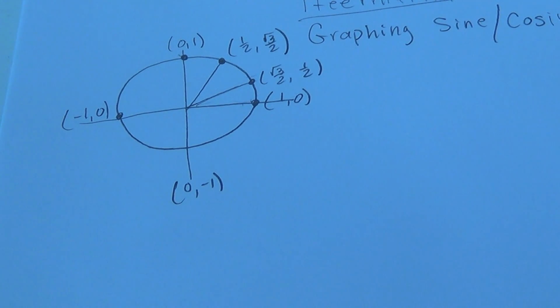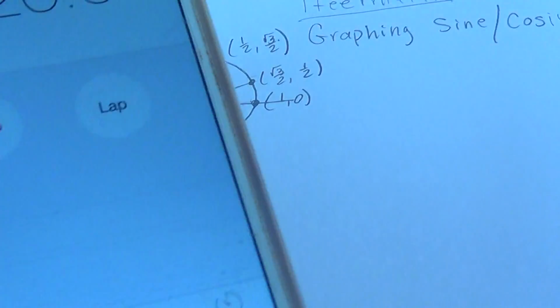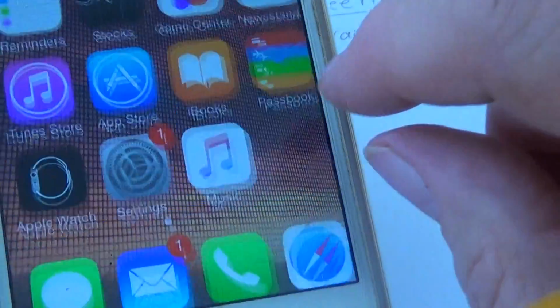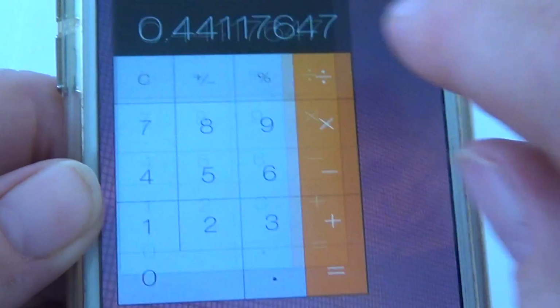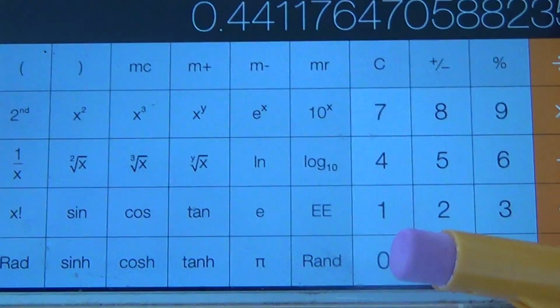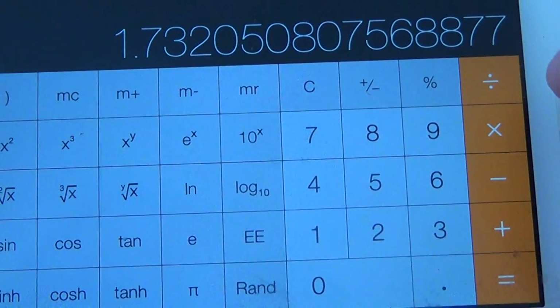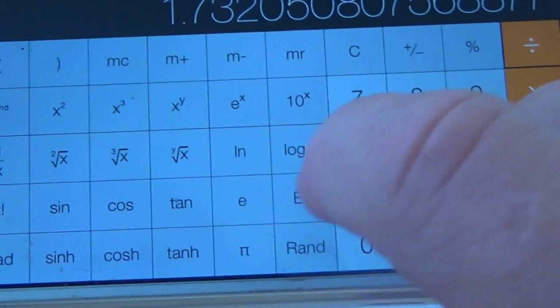I think it would be helpful if I knew this value, so let me switch over to my phone and get that. Square root of 3 over 2 is exact, but to get a decimal view of it, let's see, 3 square rooted is that, divided by 2.